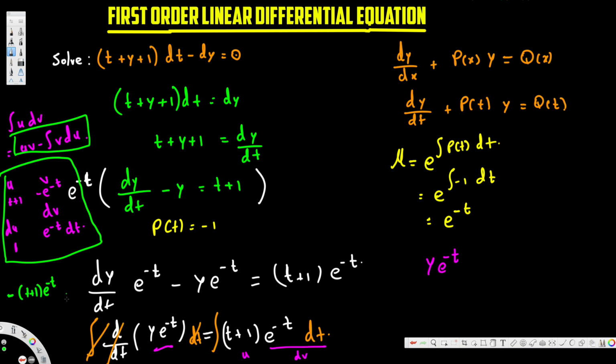That's uv, minus the integral of v du. If you integrate dv, you will get v.